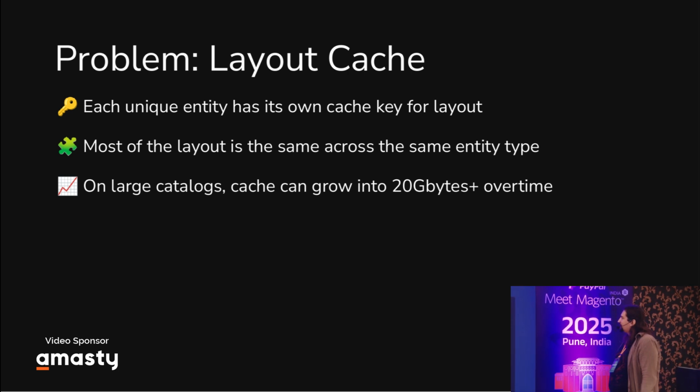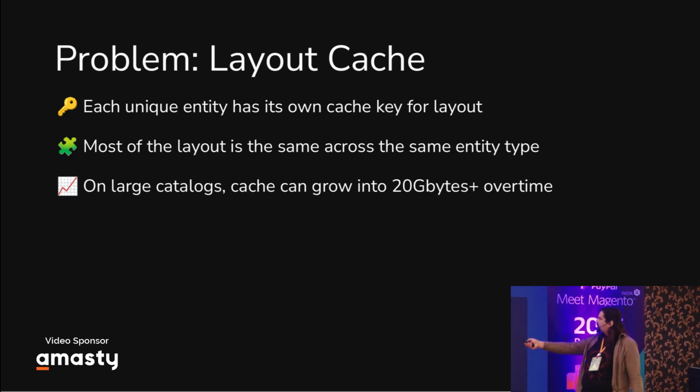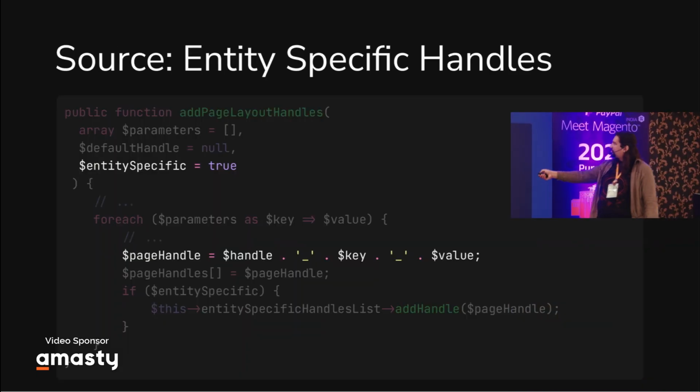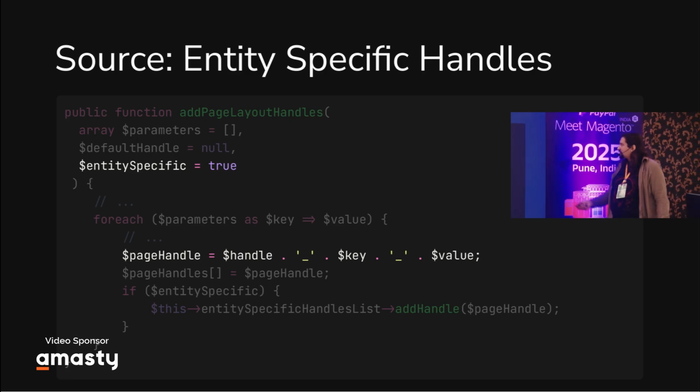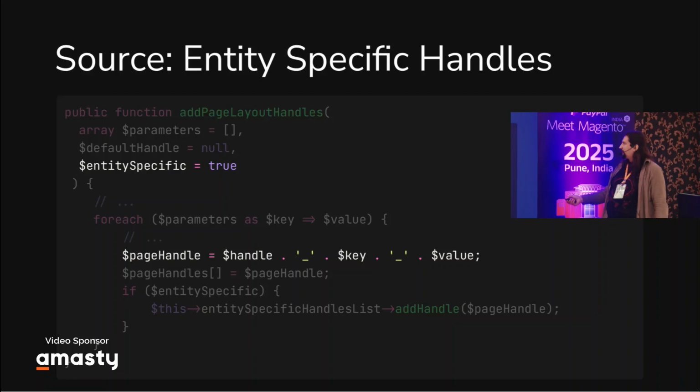The source of the problem comes from this pesky method called add page layout handles that exists in the layout builder itself. You have this parameter called entity specific, and this one will multiply all of the parameters. Like the entity ID for a product is going to be ID and SKU, so you have 2 variations being added to the final cache key.